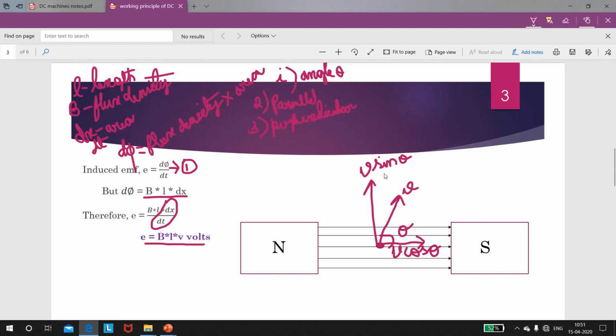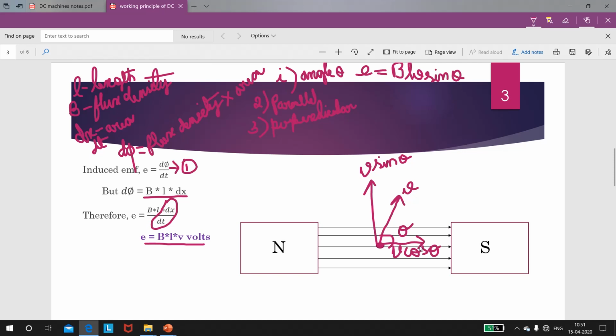Therefore EMF will be induced because of this component. Therefore I can write that the EMF induced E is equal to B L V sin theta, where theta will be giving me the angle between the conductor and the magnetic lines of force.